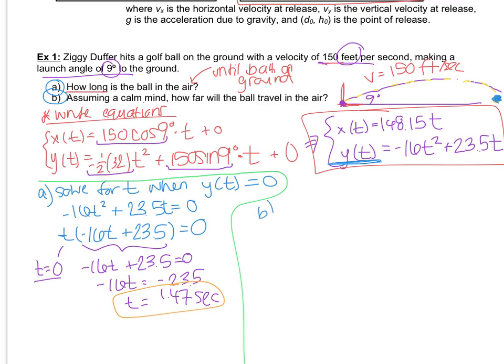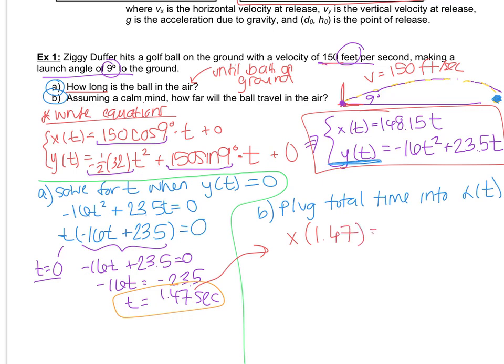So for part B, all we have to do is plug total time into our equation x of t. So we're going to take x of t, this, and plug it into 148.15 times 1.47.